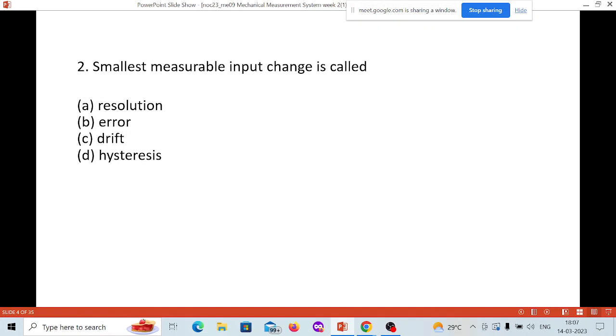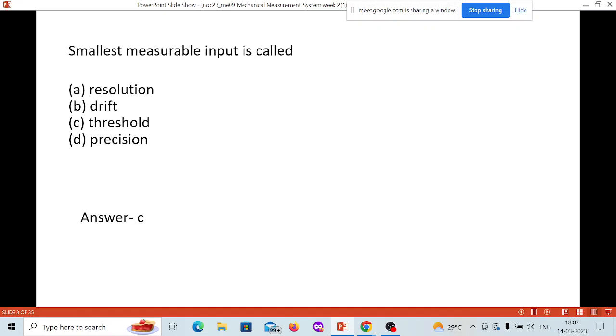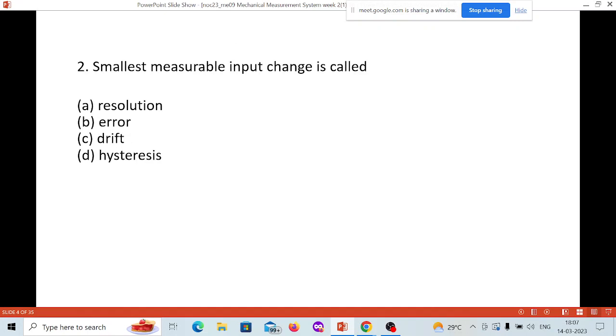The smallest measurable input change is called, the previous one if you remember, it's called the smallest measurable input, but question 2 is smallest measurable input change.